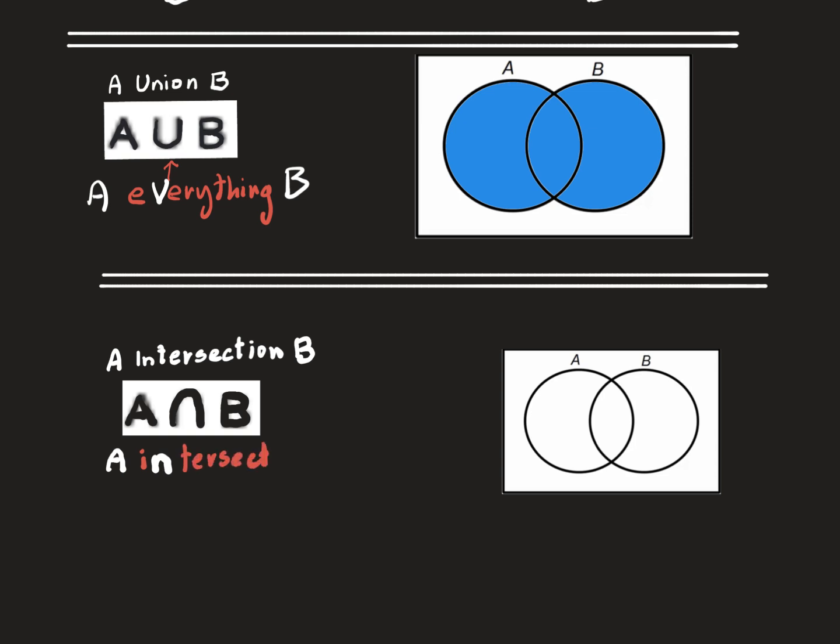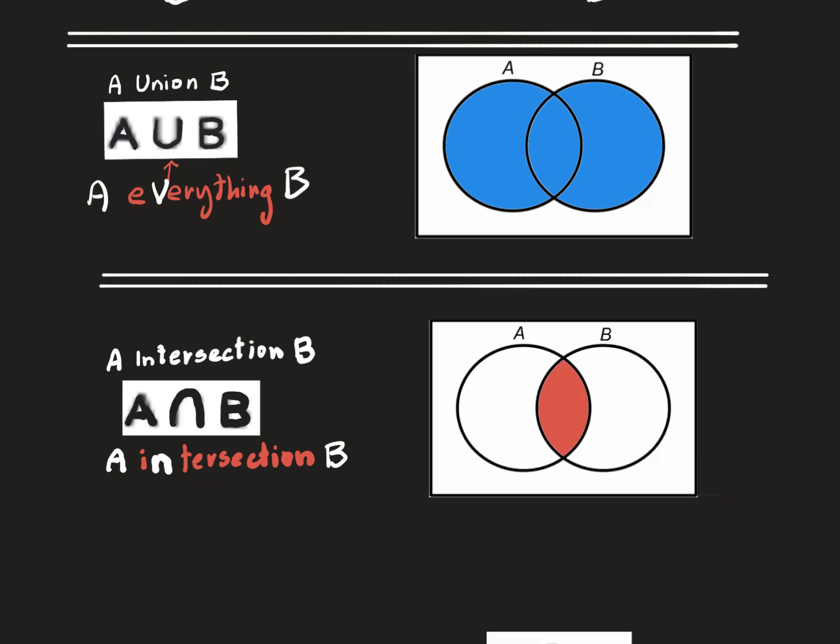So I use the letter N to help me identify this one. And what does intersection virtually mean? It means that you are only using what A has together with B, not on its own. They have to both have these elements. In other words, A and B must have these elements.